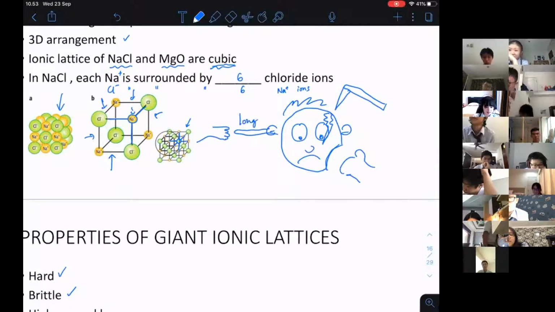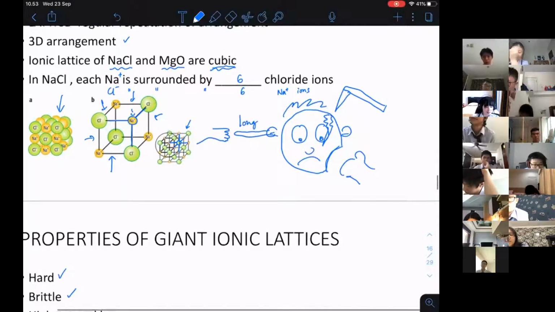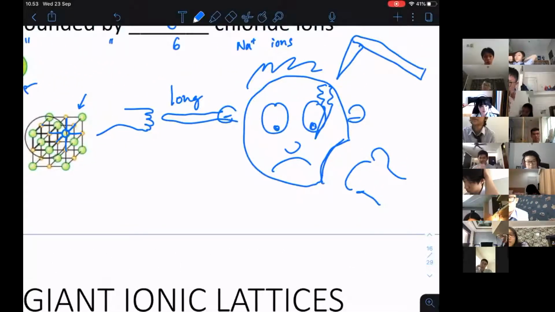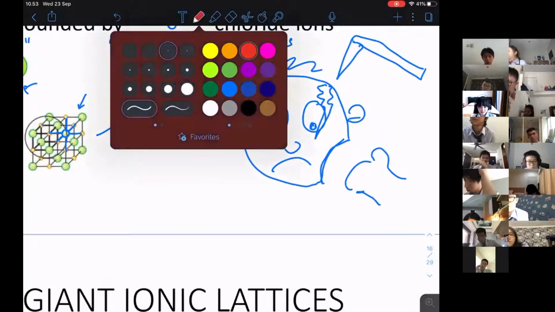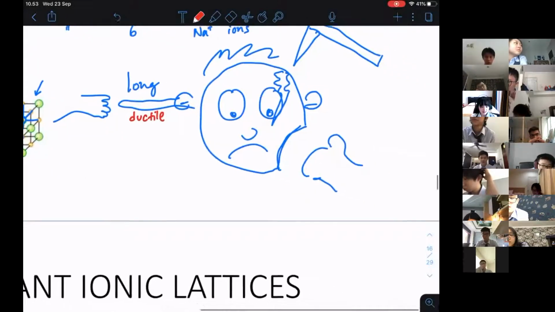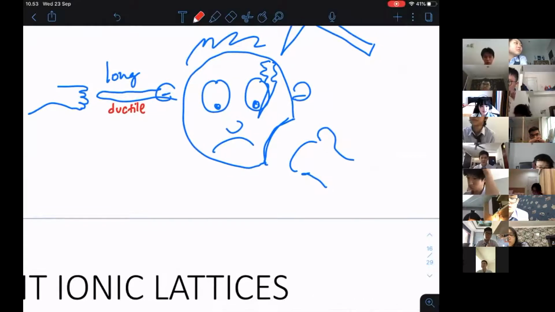So how do we represent the details over there? When metals become long or elongated, we call it ductile. If you put a certain kind of force on the metal, it changes shape and can be hammered into different shapes.